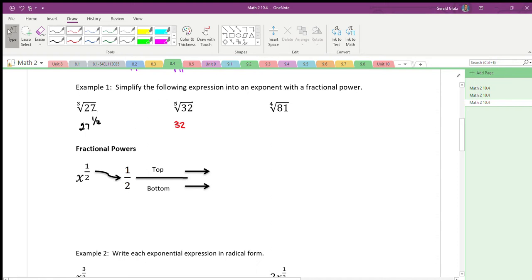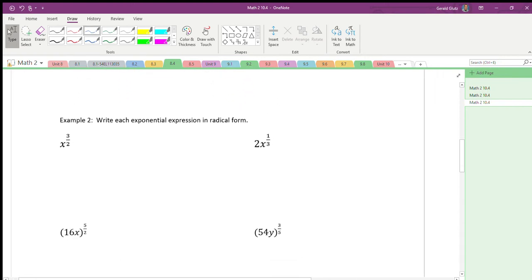So 32 to the 1, and then the root is 5. 81 has an exponent of 1 and a root of 4, so 81 to the 1/4. Remember, the numerator, the top number, is the exponent. The denominator is the root. So exponent goes on the inside, root goes on the outside of the radical.